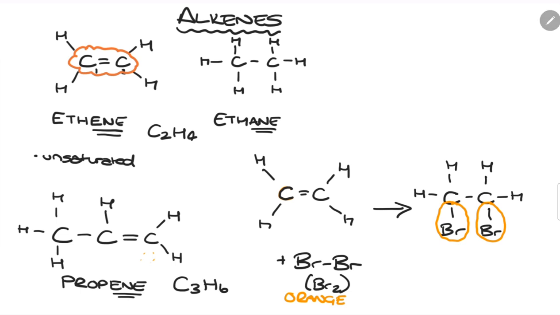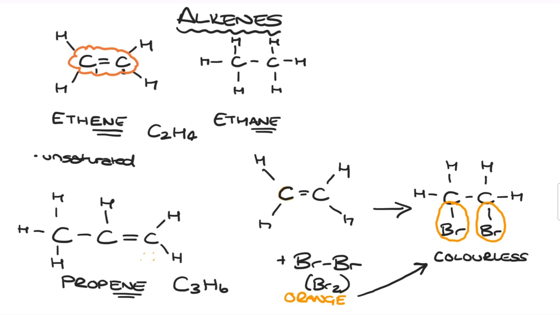But we've gone from the alkene and the presence of the orange to this new compound, which is a bromoalkane, but importantly, here, this is colourless. And this change from orange to colourless is regarded as a test for the presence of a double bond.